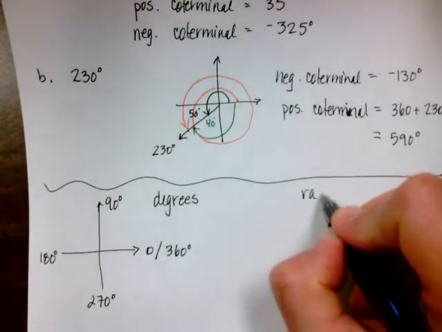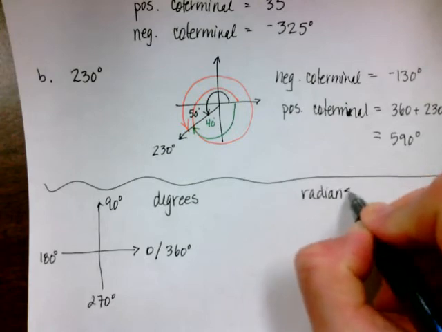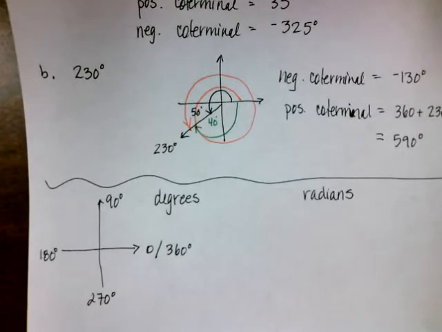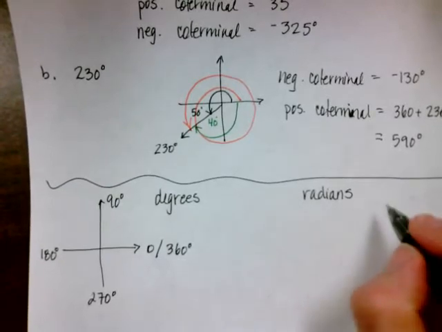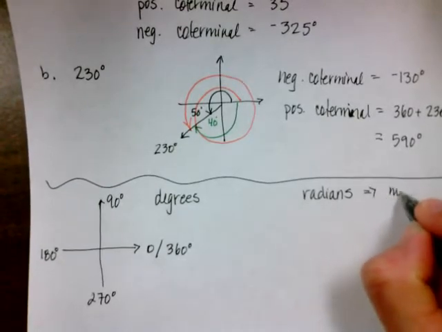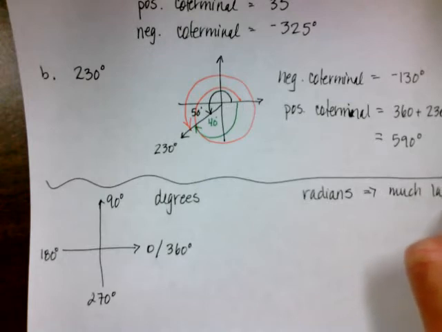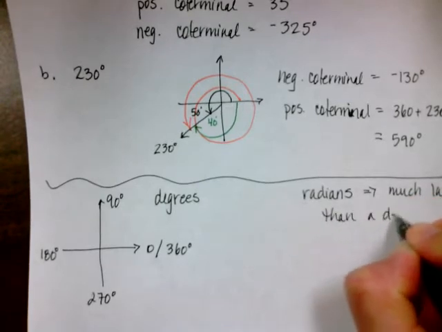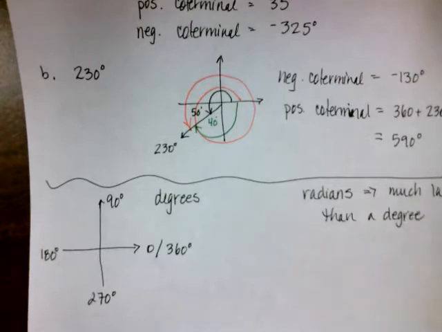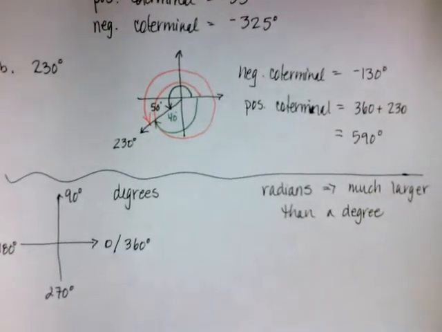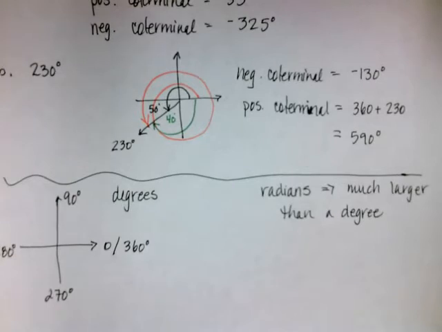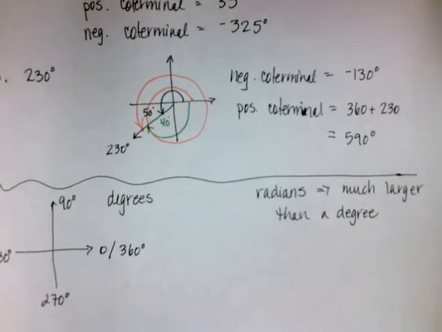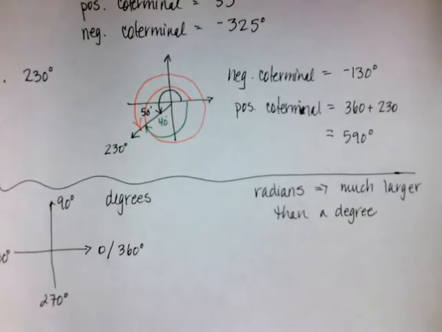But when we use trig, there's another unit of measure that we use for angles called radians. And radians are significantly bigger, much larger than a degree. So if we're doing something in very large applications, in science, in the solar system, in navigation, or whatever, we might use radians.